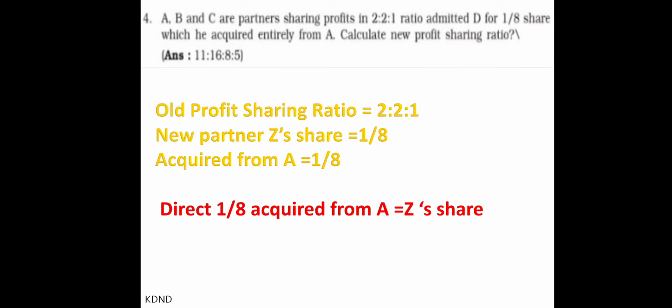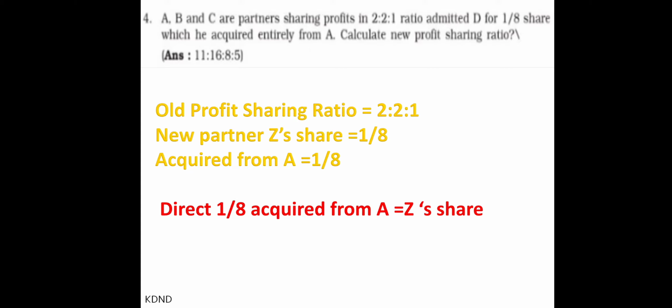Now comes another sum. A, B and C are partners sharing in the ratio of 2:2:1. They admitted D into the partnership with 1/8 share, which was acquired entirely from A. So here it is totally acquired from A, so sacrifice is done by A only.